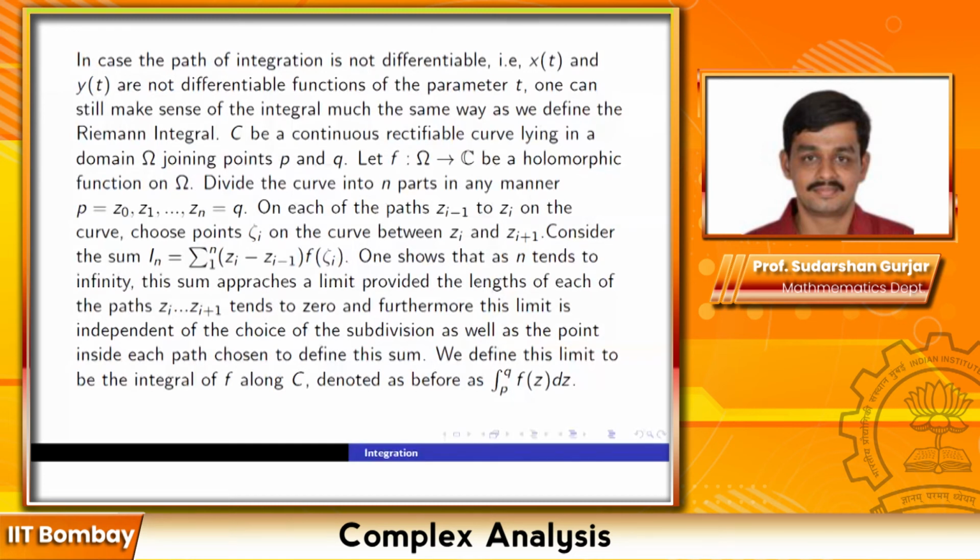Sir, can you give an example of a curve which is rectifiable, but not piecewise smooth? Rectifiable but not piecewise smooth. It is a little hard to give an explicit example, but there are functions which are continuous but nowhere differentiable, right?